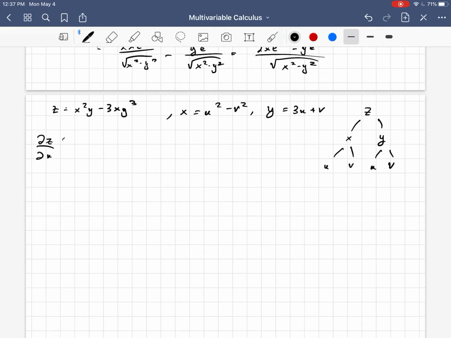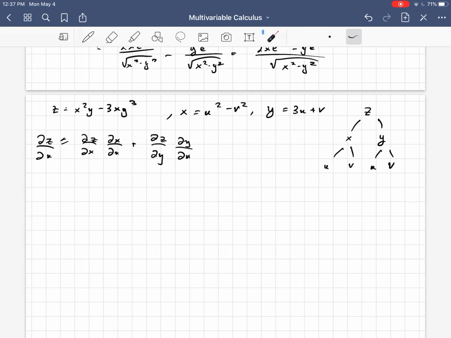So partial z with respect to u is going to be equal to partial z with respect to x times partial x with respect to u plus partial z with respect to y times partial y with respect to u. So we're taking, along this tree diagram, all possible ways we can get to a u.